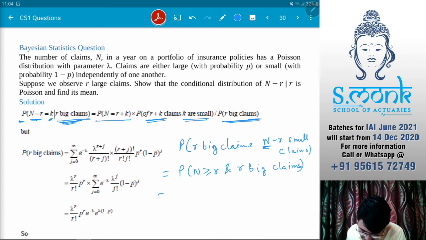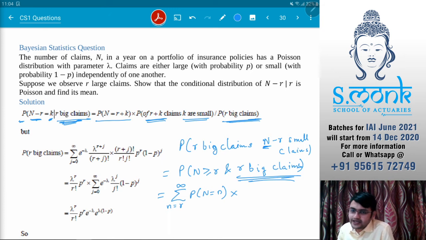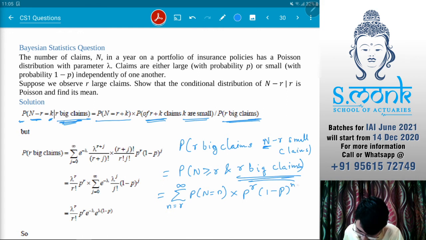So we will be adding up all such probabilities from n being r to infinity, because here n goes from r to infinity. The probability that n is equal to that value n, into, we want r to be big claims, so the probability is p raised to r, and then we have 1 minus p probability of small claims, that would be raised to n minus r.